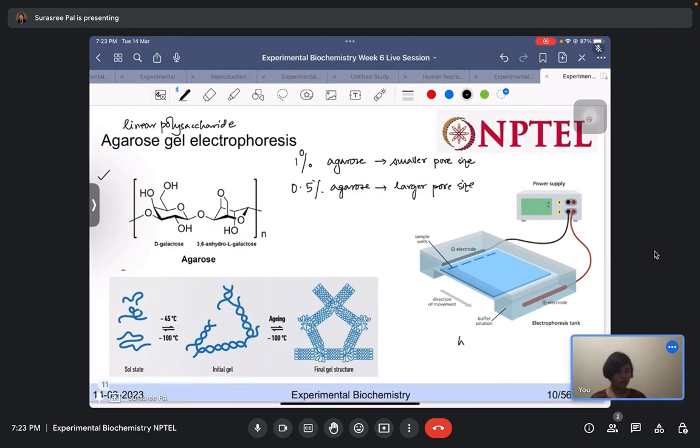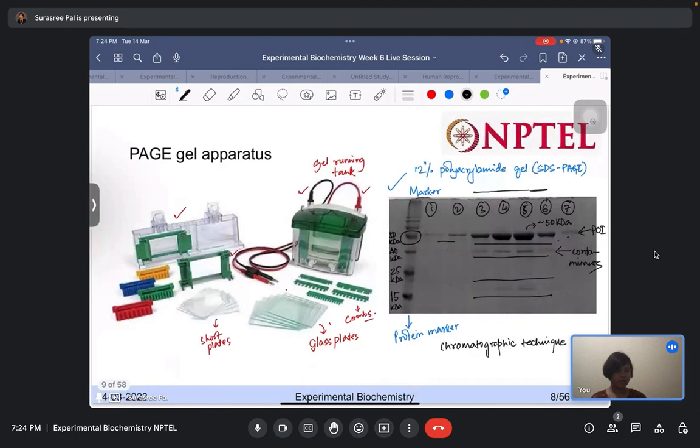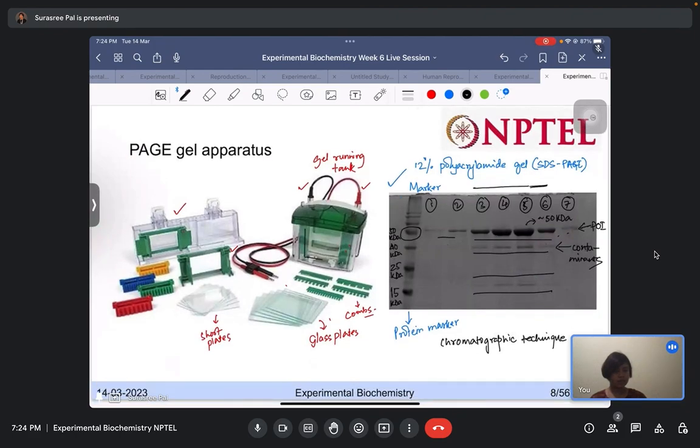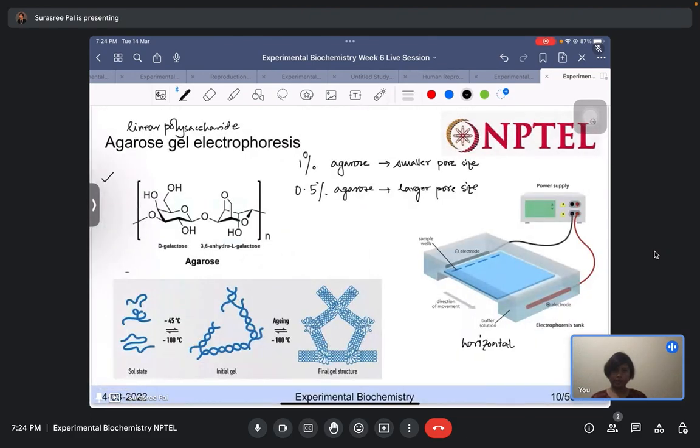So this is a horizontal setup. Whereas we had seen in the other setup that this was the gel cassette and the gel was run vertically in case of a polyacrylamide gel.